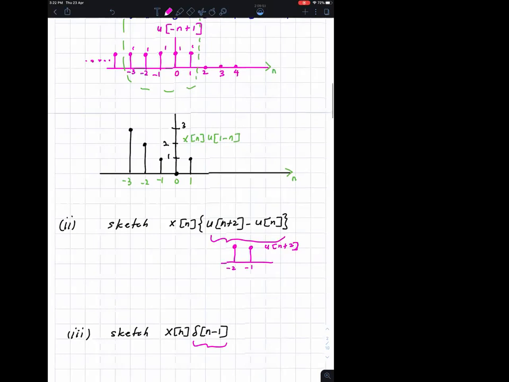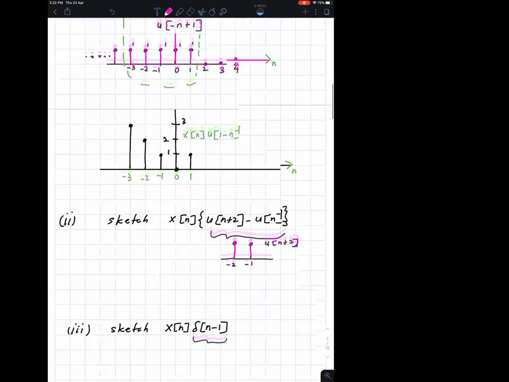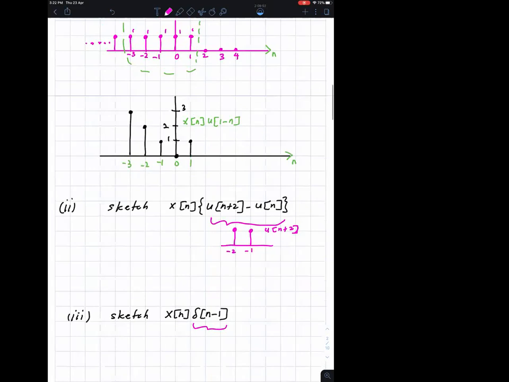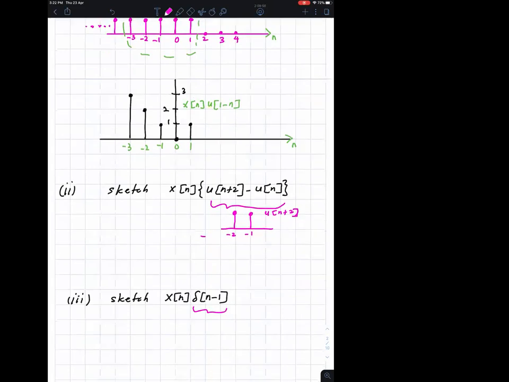Then you subtract a signal that starts at n equals 0.